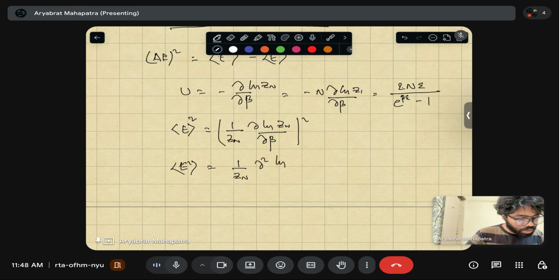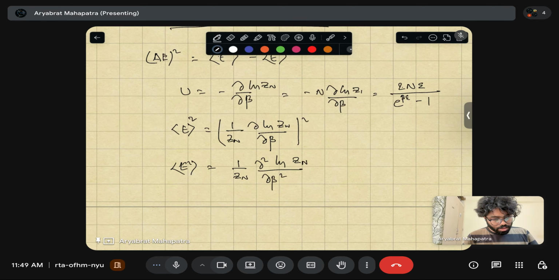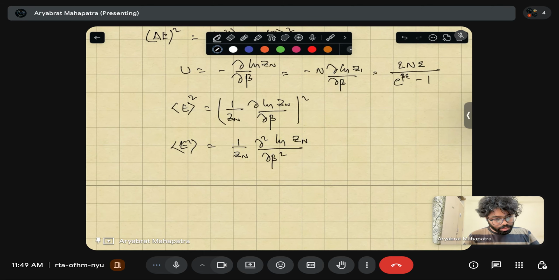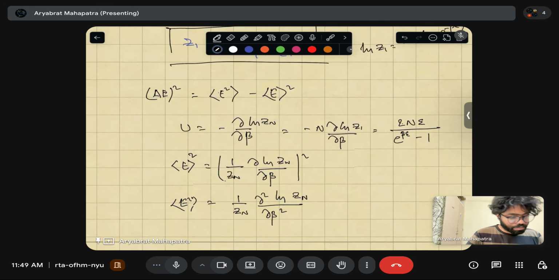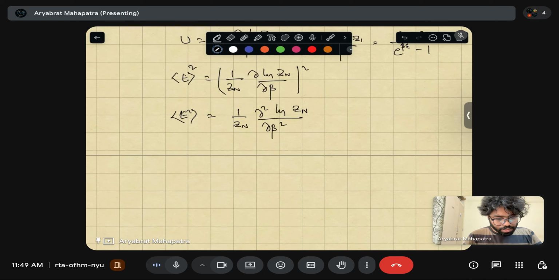So this is how your E square average is defined in terms of the partition function. So the derivative would be of this form. Yeah, that is correct. So now you have this.